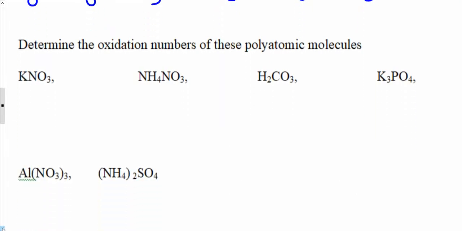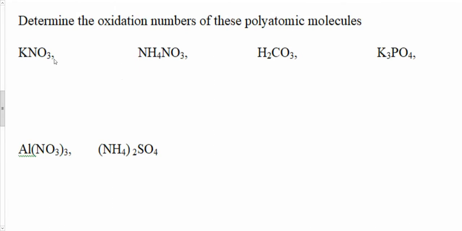Now we're getting into some polyatomic ions. I know that K is in the first column. It's always going to be +1. O is pretty much always going to be -2. 3 times -2 is -6. I've got a +1 here. When I look at these numbers here, that's a total of -5.